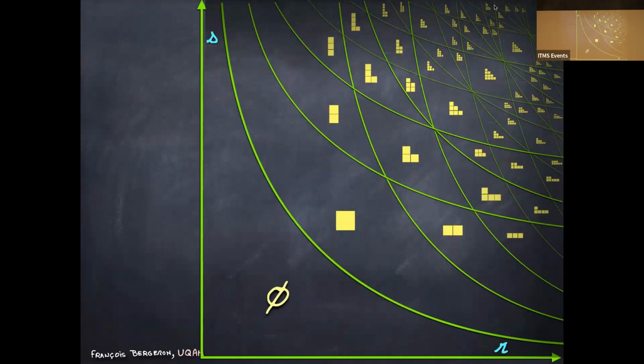So each line corresponds to cutting off between having a box or not. So this is the empty, no boxes. You want to add this box, you cross this curve.